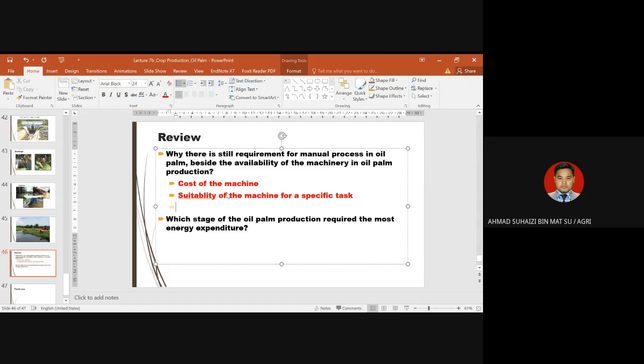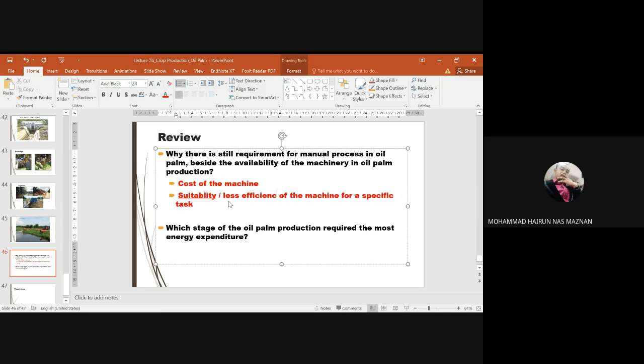What else? Less efficient. Less efficient of what? In terms of operating the machine. To operate the machine. So can we put here less efficient? Less efficient. Okay.